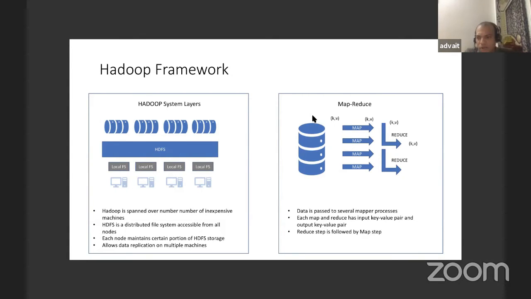So if you have a 1 terabyte file and you want to process it with MapReduce, the whole file is distributed over HDFS. One file is not just stored on one machine; it's split chunk-wise across several machines. Each of the computers you're seeing here has its own chunk of this file on HDFS.